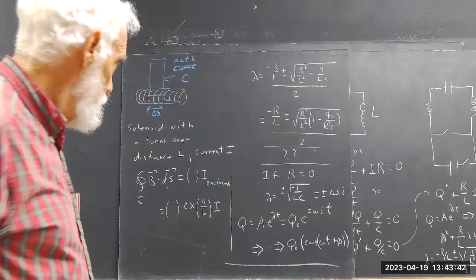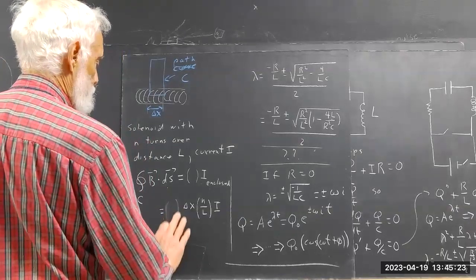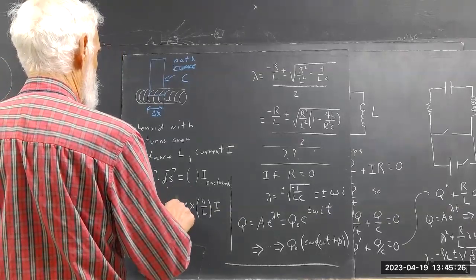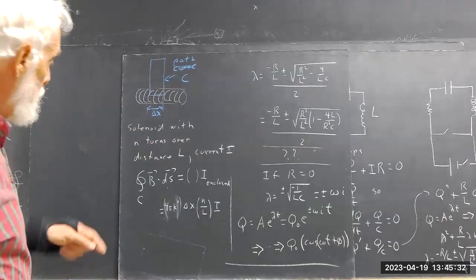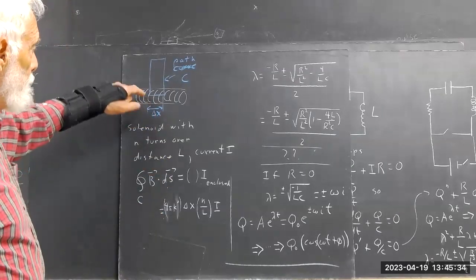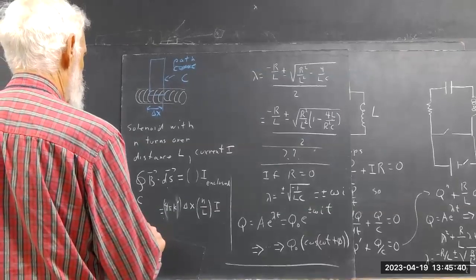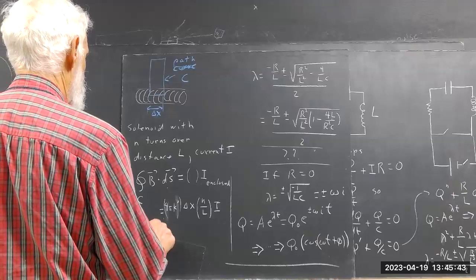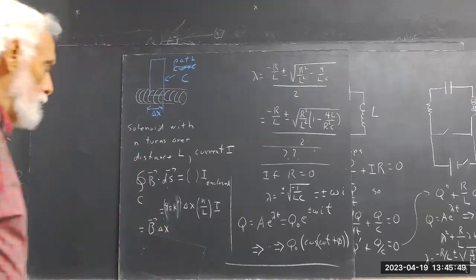Fuzzy headed that I am, I think it's 4 pi K prime or mu naught. Let me just double check that to make sure I've got the right constant. Okay, I wanted to be sure it is what I said, it's 4 pi K prime or mu naught. So there's the integral of the magnetic field around this entire path. But that's equal to the magnetic field times delta X.